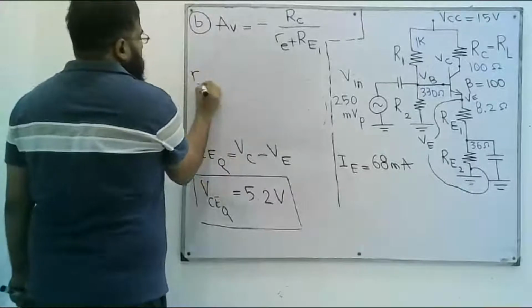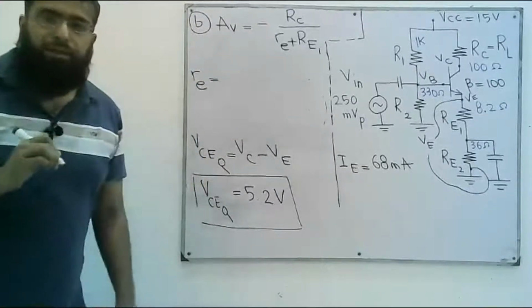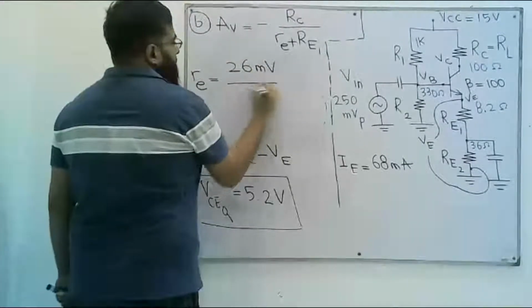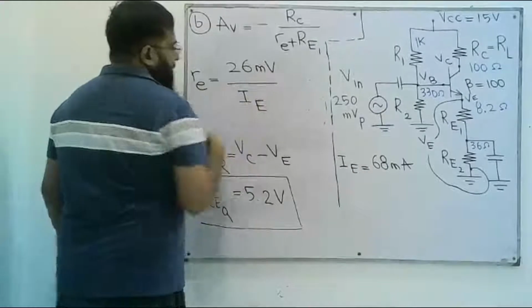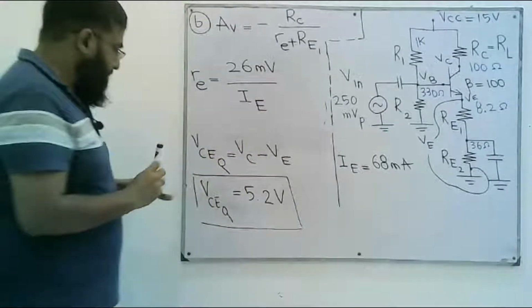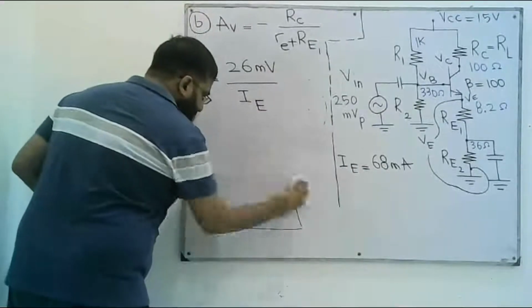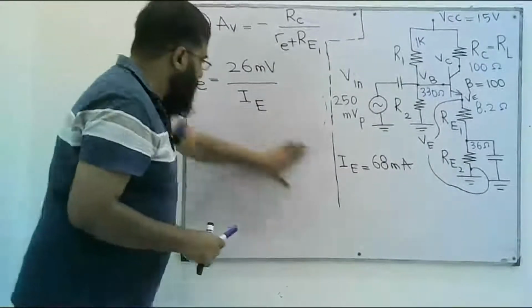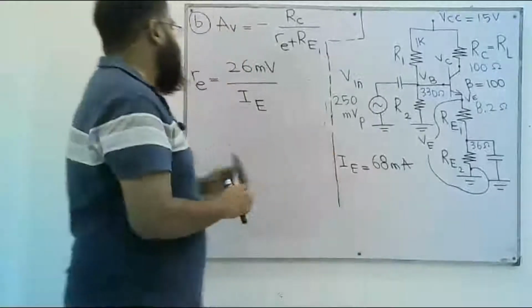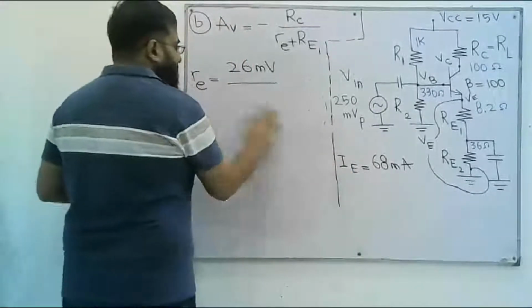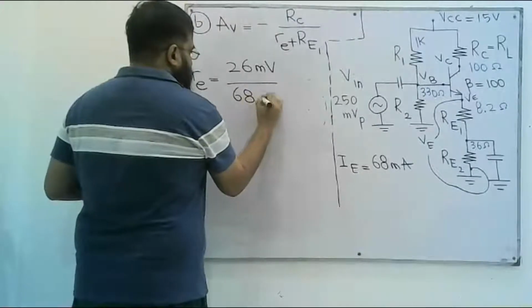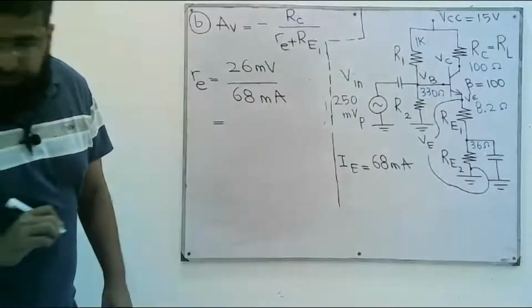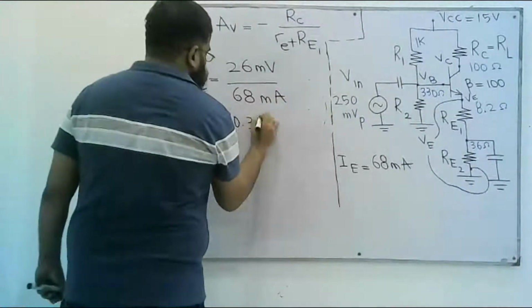We know from the previous course EDC that small re is VT, 26 millivolts, divided by the DC IE. So the DC IE is 68 milliamperes. Plugging this value here gives us small re equal to 0.38 ohms.